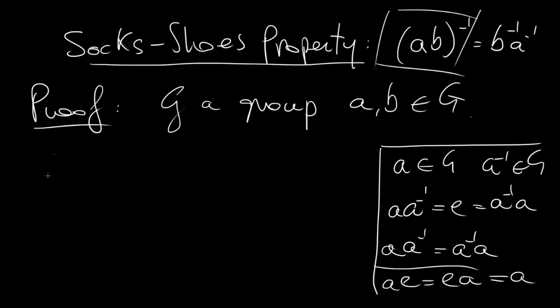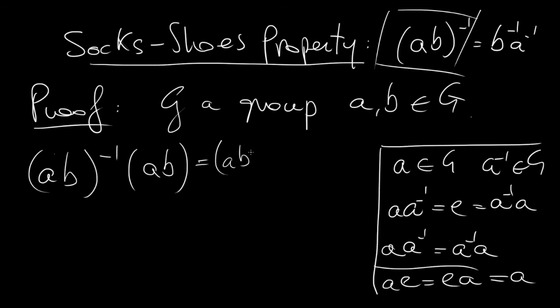Let's analyze this guy. Look at this: (AB) inverse times AB, by the definition of inverse, is equal to the identity. Now let's pick one, and these are inverses of each other, so this generates the identity.